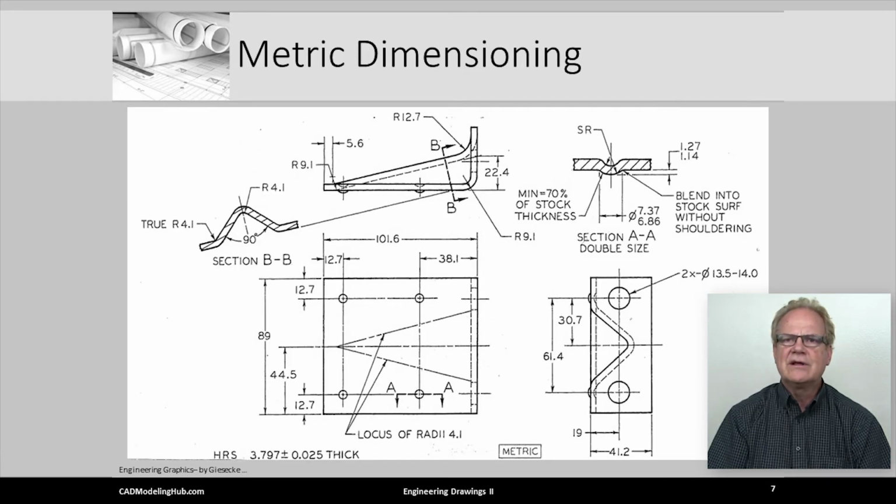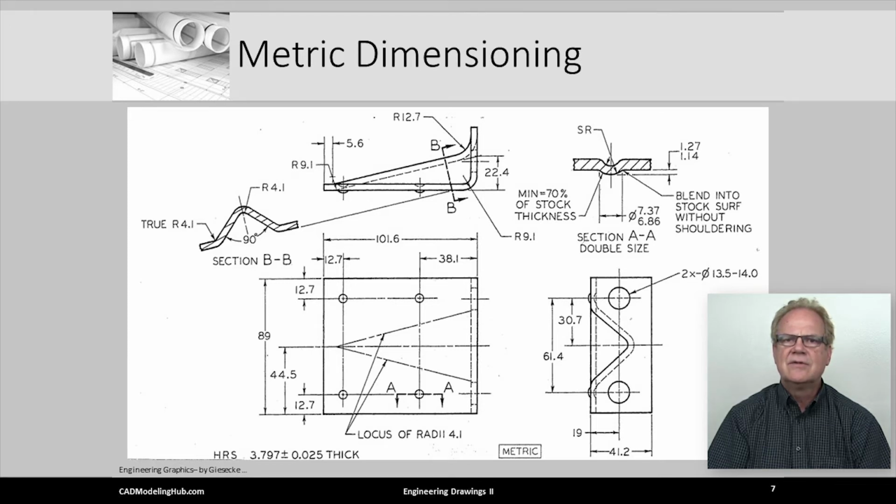Notice the metric label. All of the 2 place inch dimensions have been replaced with 1 decimal place metric values. In section AA, the 3 decimal place dimensions in the inch drawing have been replaced with 2 decimal place metric values.